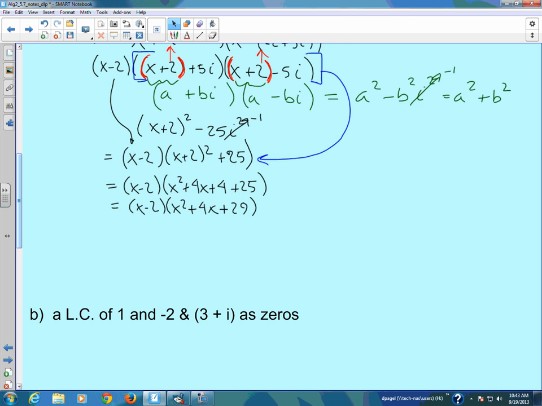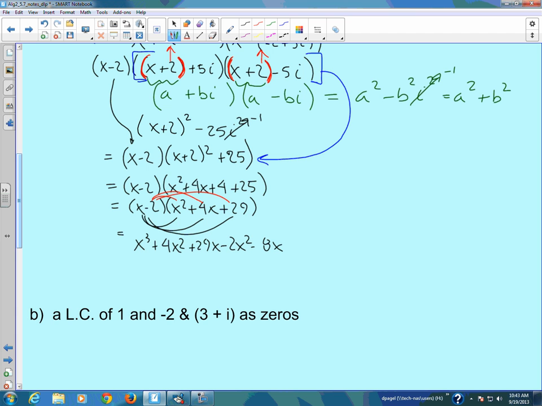Then we distribute everything, and we will finally come up with our polynomial here. So distributing the x to the x squared, the 4x, 29. Doing the same thing with my negative 2 to the x squared, the 4x, the 29. We come up with x cubed plus 4x squared plus 29x minus 2x squared minus 8x minus 58.